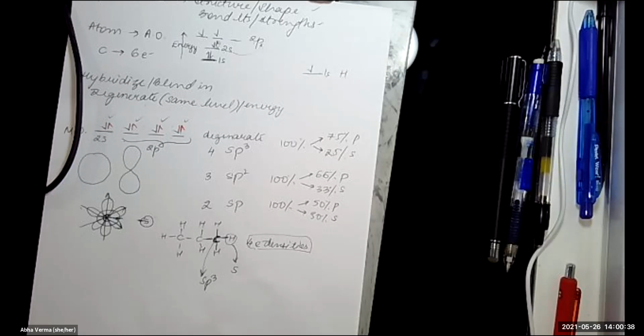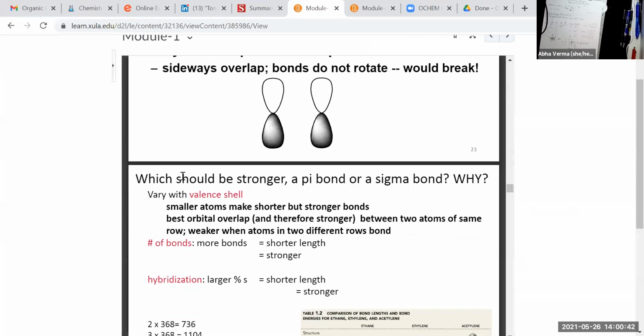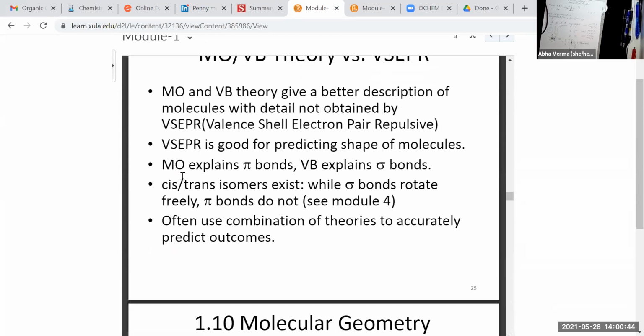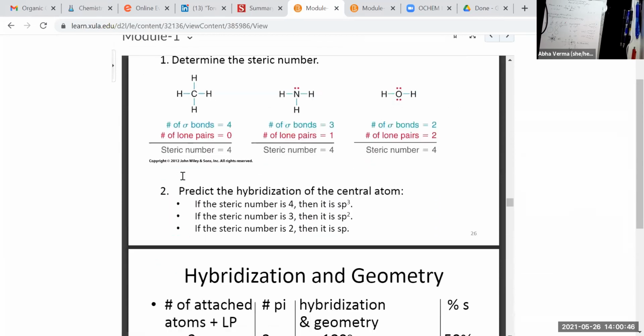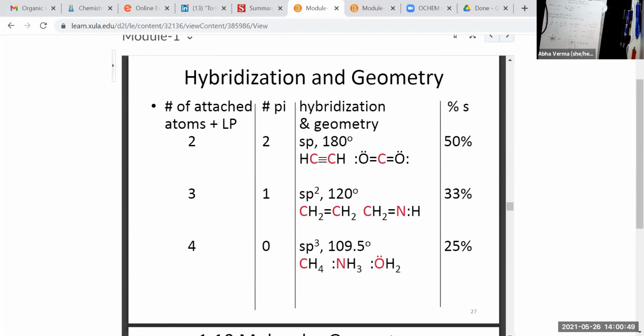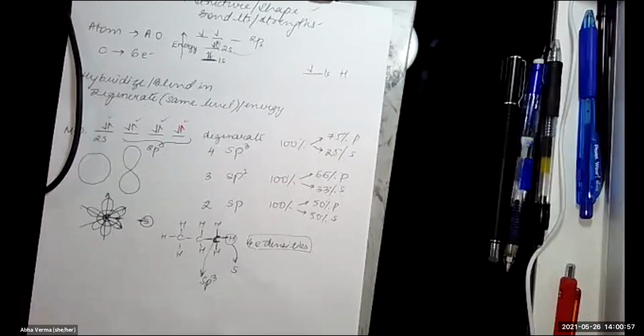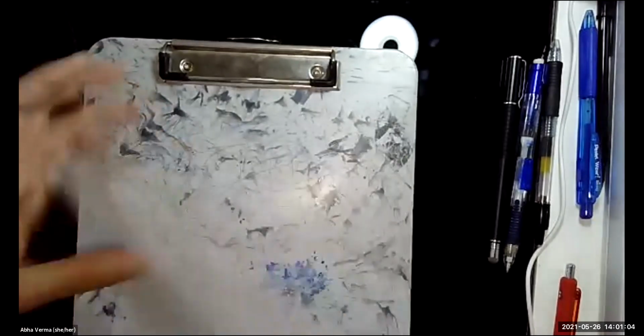Let me show you my screen now. So how does this hybridization affect our geometry? And you know what? I'll make our own table here. This is a table that you will see in several of our books also.